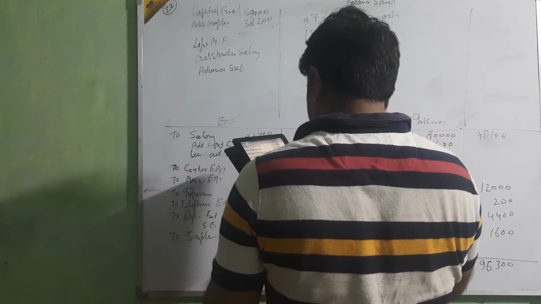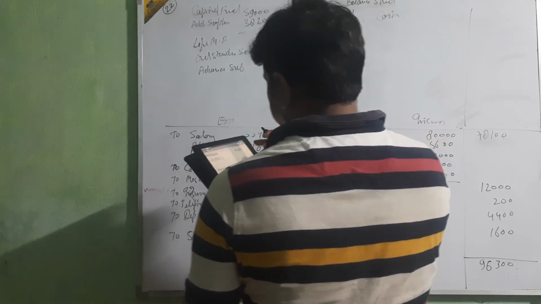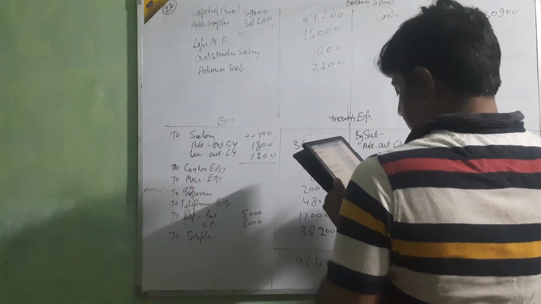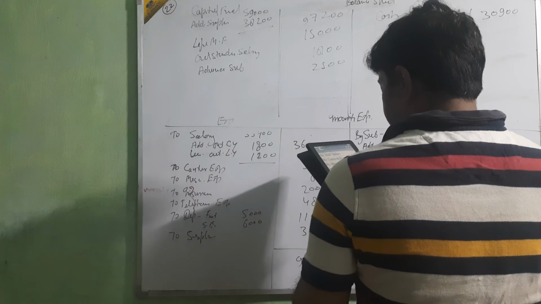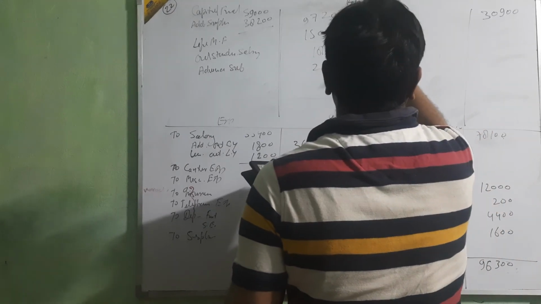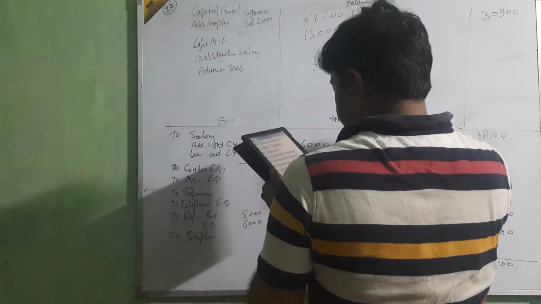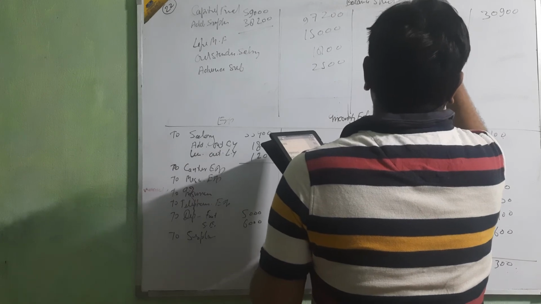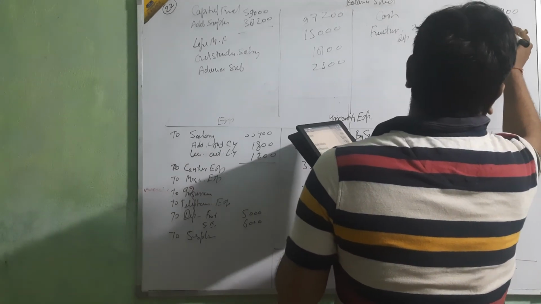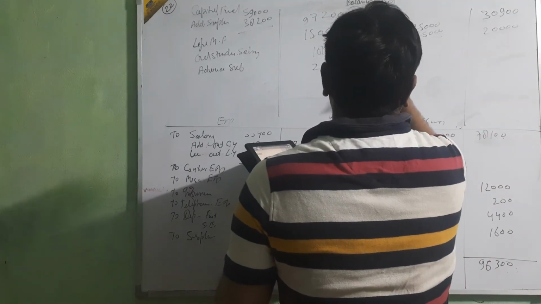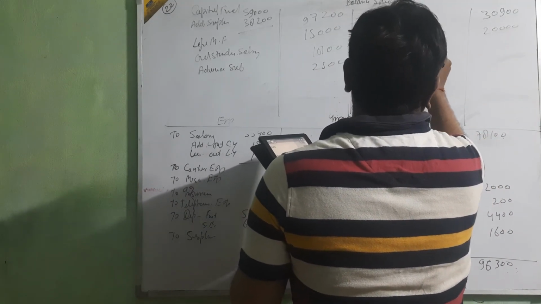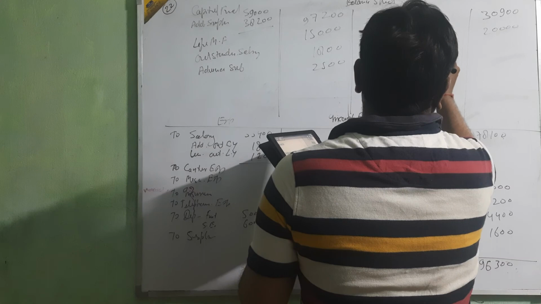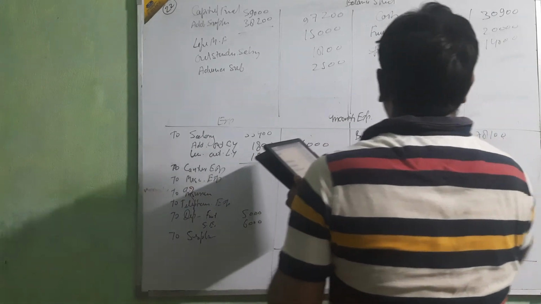Cash, beta, cash amount is 30,900. Then this side furniture amount 10 and 15, 25, less 5,000 depreciation, then 20,000. Sports equipment 20,000, less depreciation 6,000, 14,000.